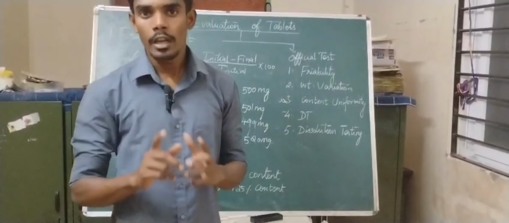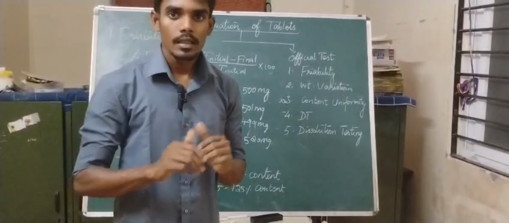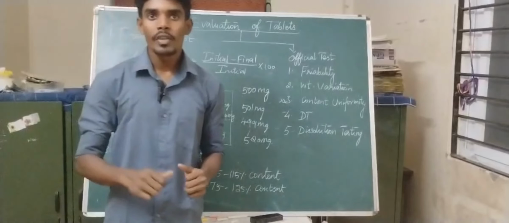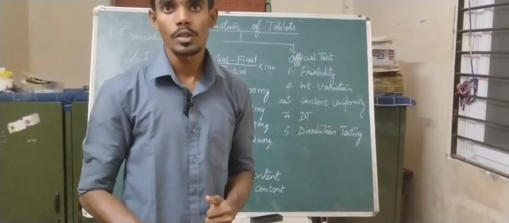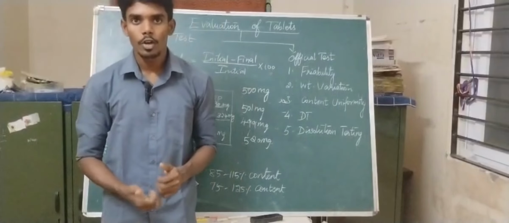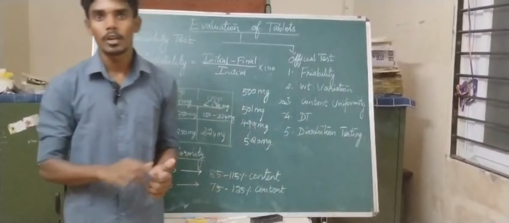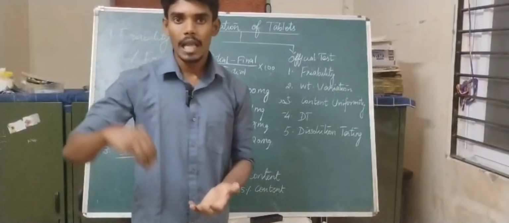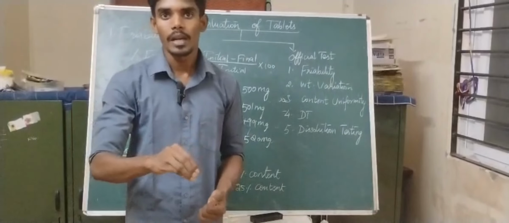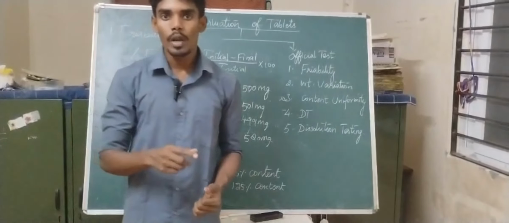In order to reduce the friability, we may increase the upper punch force, or increase the binder concentration, or increase the moisture content of the granules. For this Roche friability test, we are placing the tablets in the friabilator, which has pre-programmed operation.